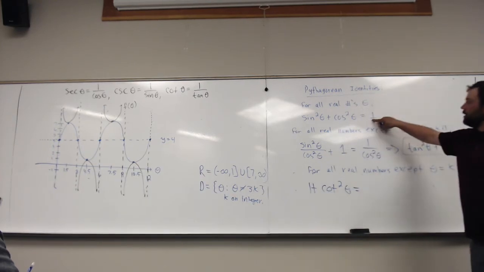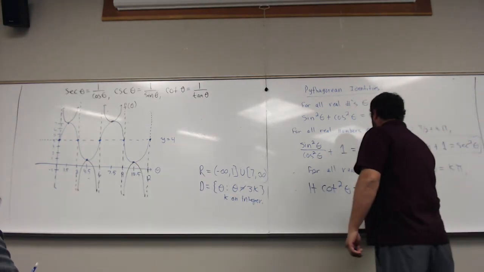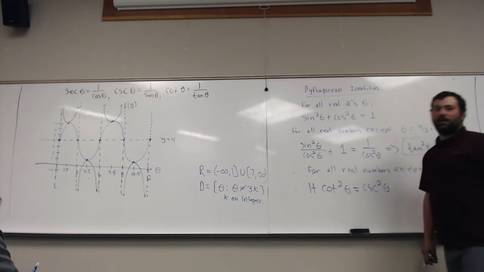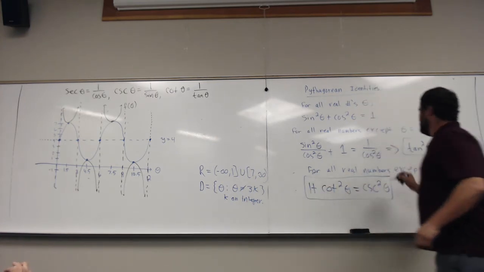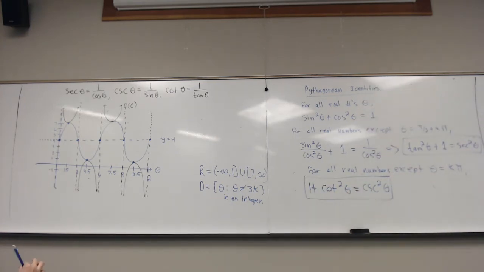And then 1 divided by sine squared ends up being cosecant squared. So you have the original Pythagorean identity plus these other two, and they're obtained by just dividing the original either by sine squared or cosine squared.